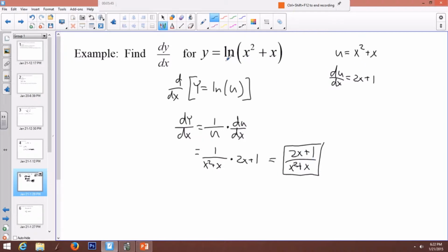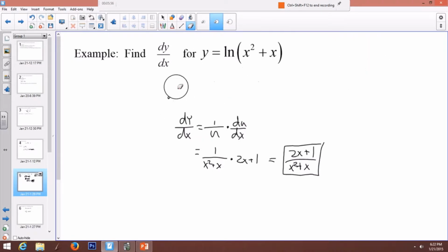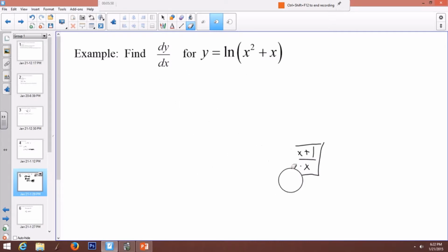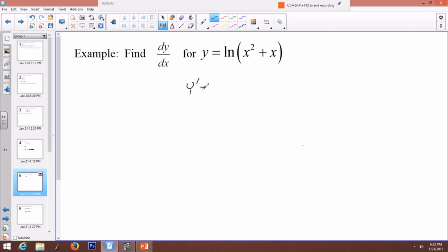Now, if you can see the composition of ln of x composed with x squared plus x, you can do it as a chain rule. Let's just erase and start over. I can say that y prime is going to equal the derivative of the outside function, which is 1 over, leaving what's on the inside alone, so x squared plus x, times the derivative of what is on the inside.